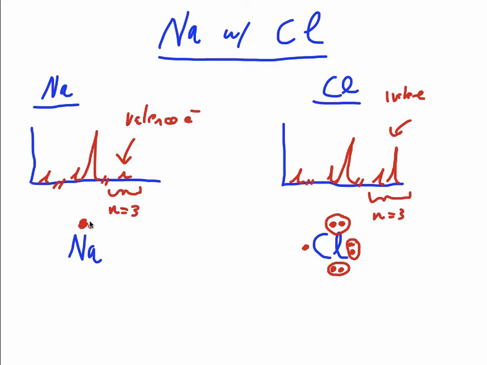So this one wants the bond, and this one needs a pair. So here, it's much easier to lose that and have your 8 back here, and here it's much easier to gain 1. So this is the giver, and this is the taker.